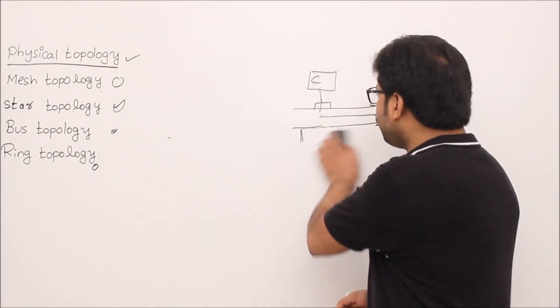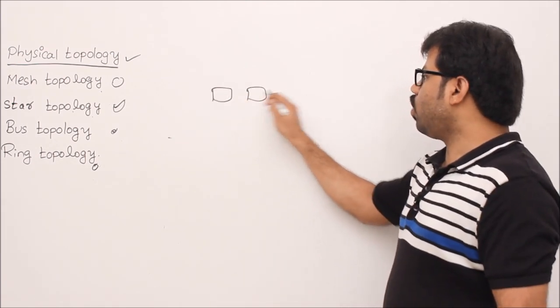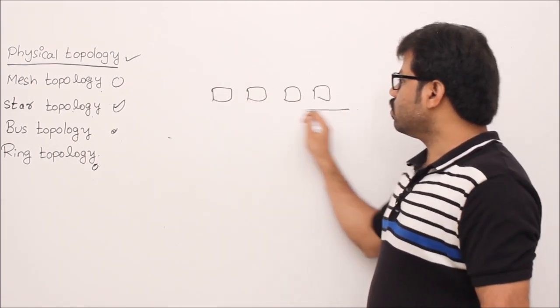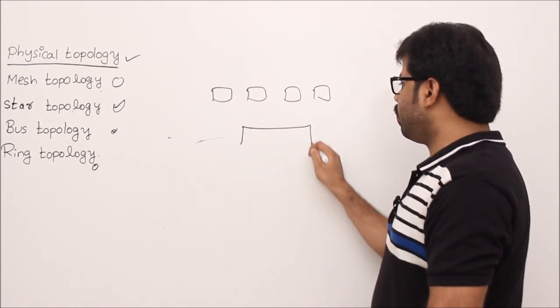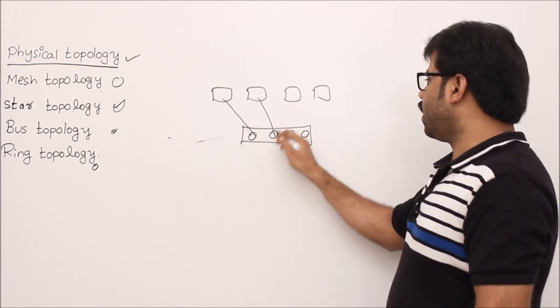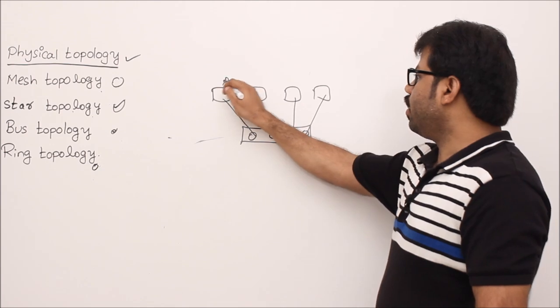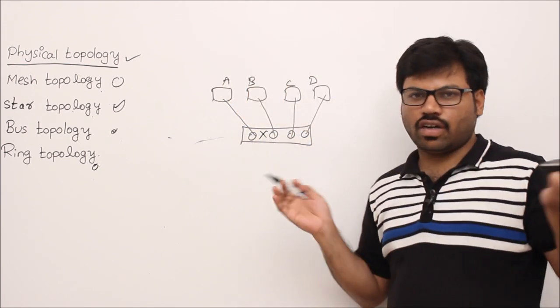So what is the advantage of star topology over bus topology, sir? See here. In star topology, let's say this is your hub, and 1, 2, 3, 4 are connected like this, A, B, C, D. If the hub is gone, everything is gone. We know that.